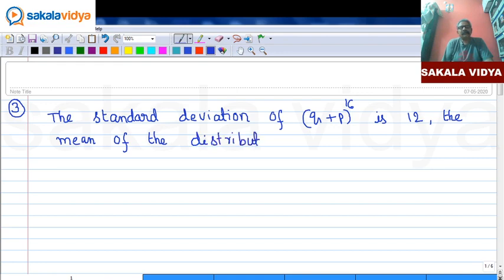The mean of the distribution is: first option 2, second option 8, third option 16, fourth option 20.